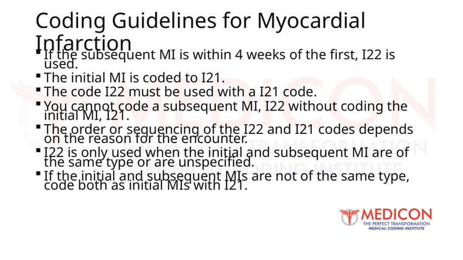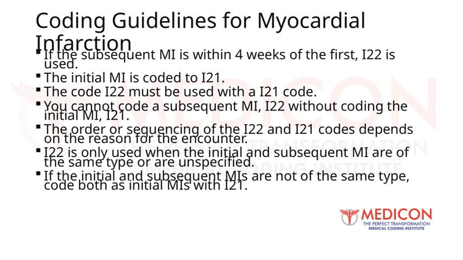It's crucial to remember that the code I22, which indicates a subsequent MI, must always be used together with an I21 code. You can't code a subsequent MI as I22 without first coding the initial MI as I21. The sequence or order of these codes actually depends on the reason for the patient's encounter. If the visit is related to a new or ongoing MI, the order will reflect that context.